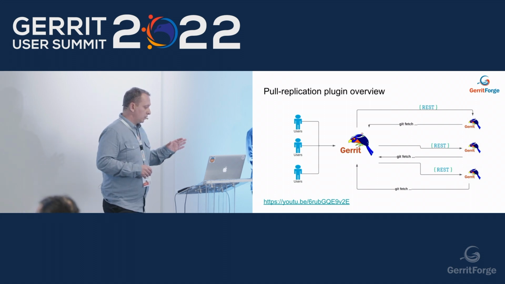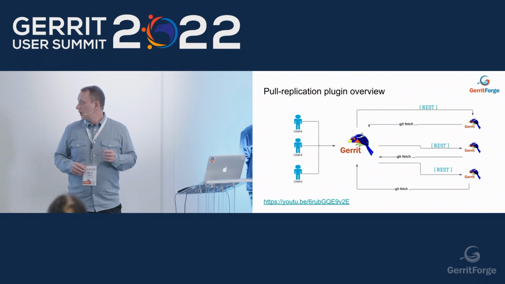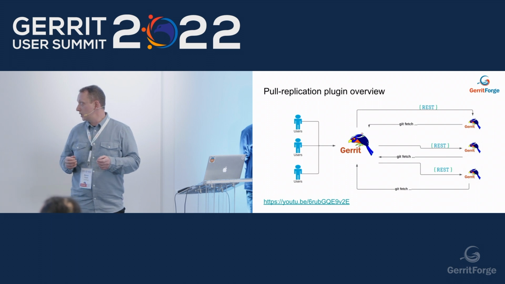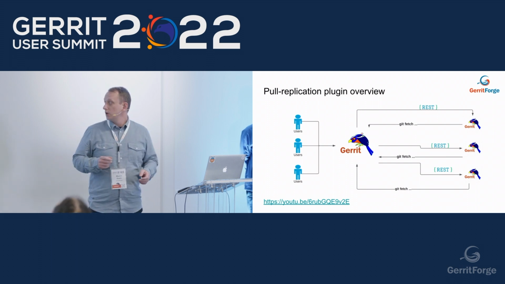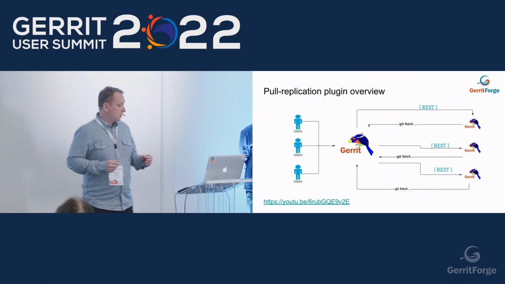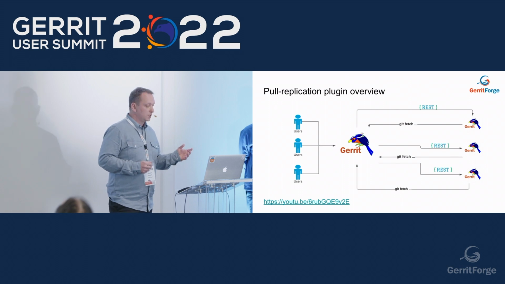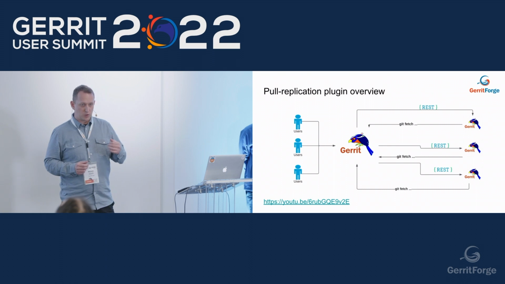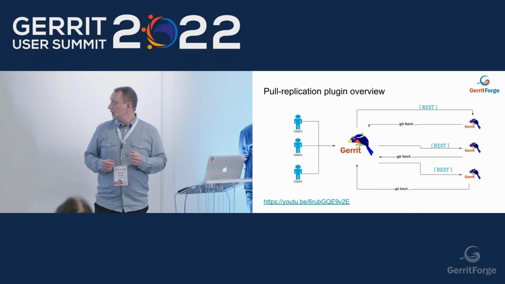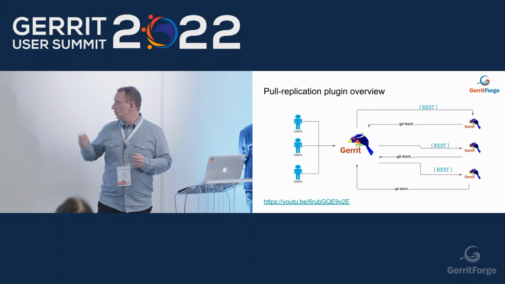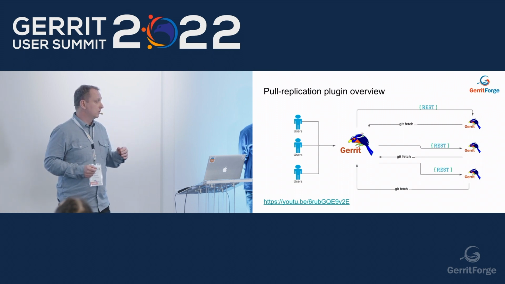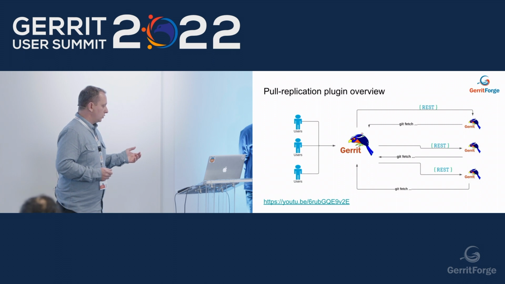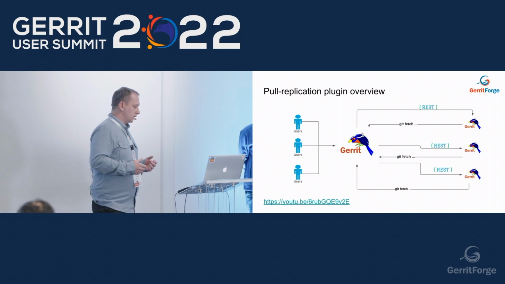And when we have a ref update, so for example, someone is voting on a change, pull replication is gonna send a notification to all the nodes that there is a new piece of data which they need to fetch. And it's gonna be done by the REST API call.